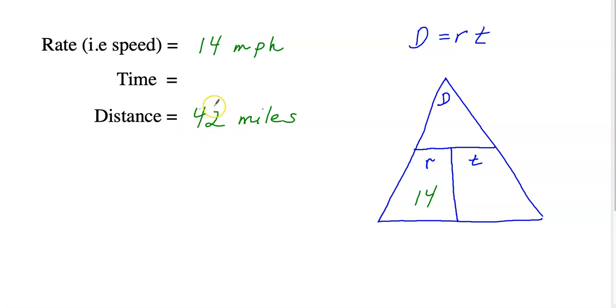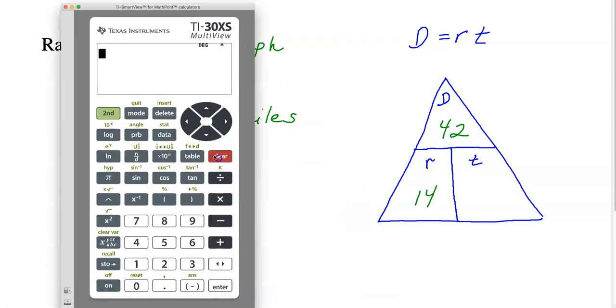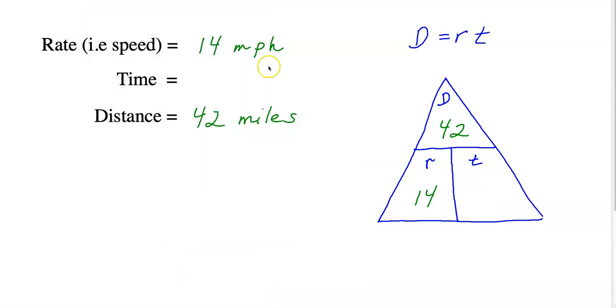The distance is 42, which goes here. And we have two numbers on top of each other, so to find the time, I'll take the distance, 42, divided by the rate, 14, to get the time. So 42 divided by 14 is 3. So the time is 3 hours.